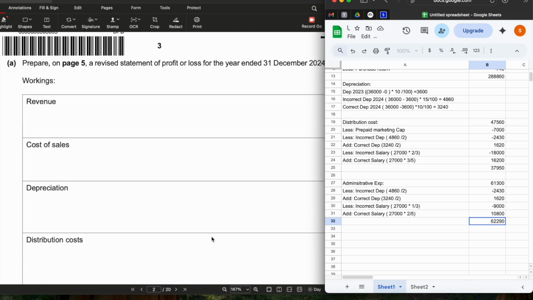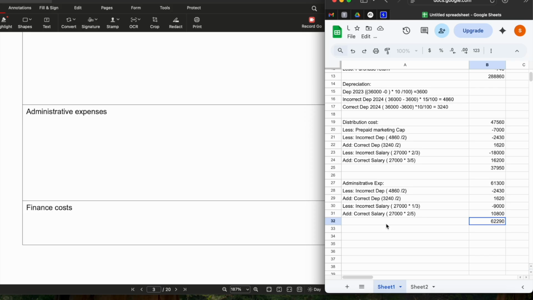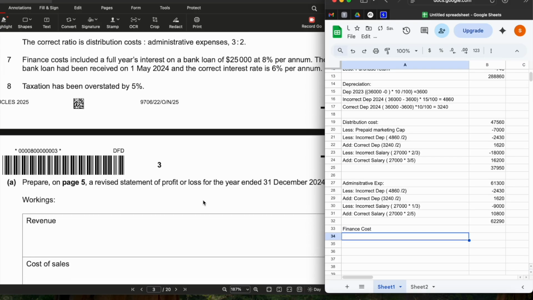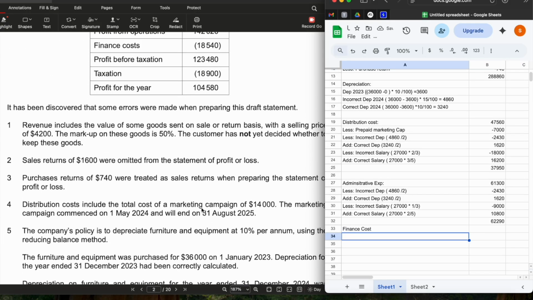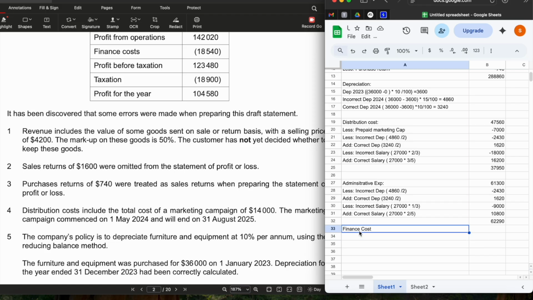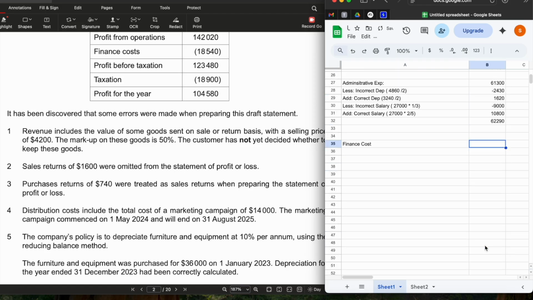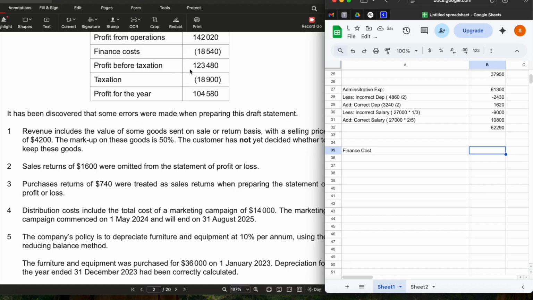Next, we have finance cost. In the question, finance cost is given as 18,540.